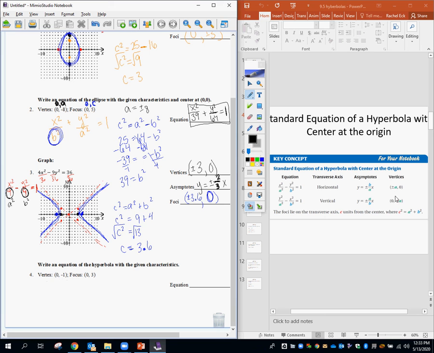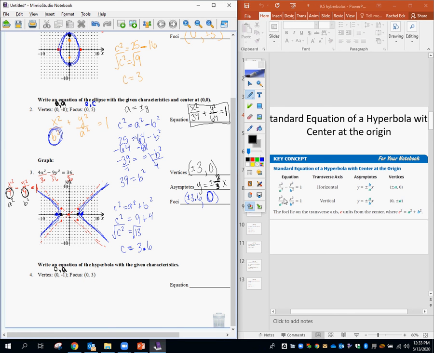Underneath the vertices column, the 0, a number means it's a vertical hyperbola. So this -1 represents our 0, -a. So we know that a is 1, and our focus is going to help us find the b.